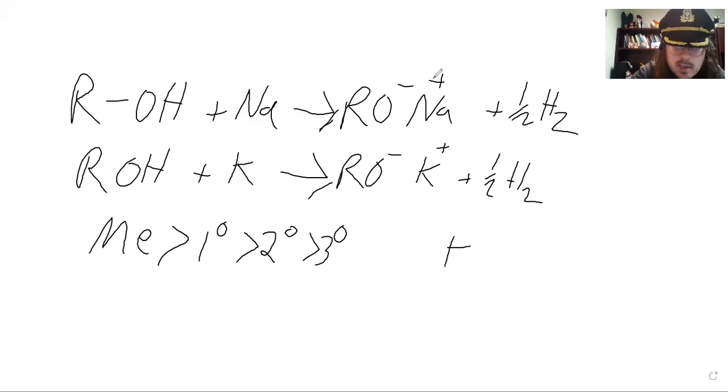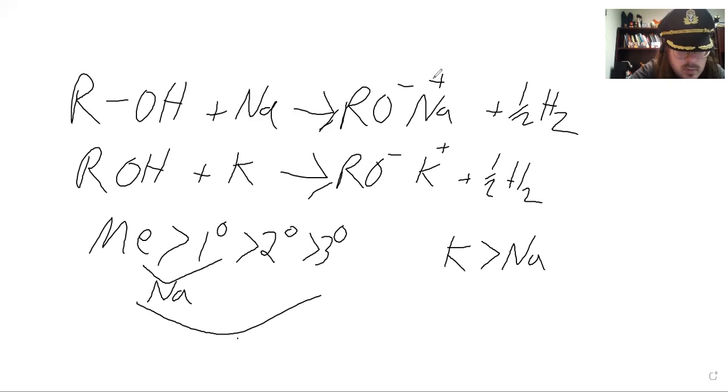Potassium is more reactive than sodium. You could easily use sodium for primary and methyl, and then potassium will work with pretty much all of them. And we can also use sodium hydride, which is even more reactive than the other ones.